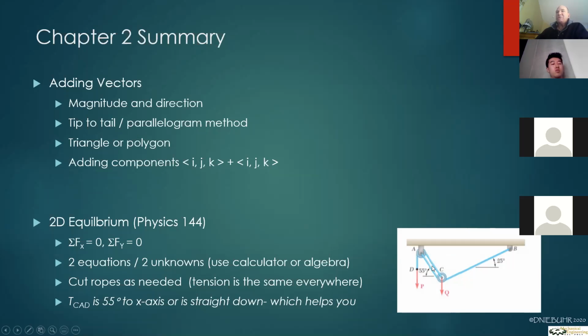And then you can sum the forces in the X and sum the forces in the Y. The fact that it goes around a pulley doesn't matter, because remember that the tension is the same everywhere in the pulley. We're not dealing with friction yet, so it doesn't matter. Okay. So that's that for what you've covered. Not too bad. Don't worry, it'll get more entertaining as we move on.